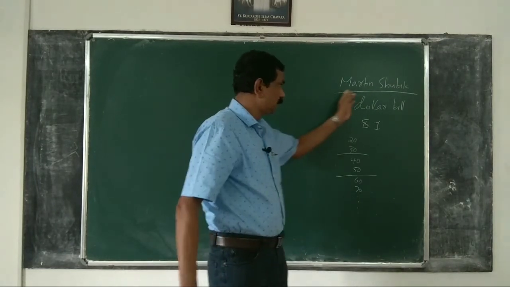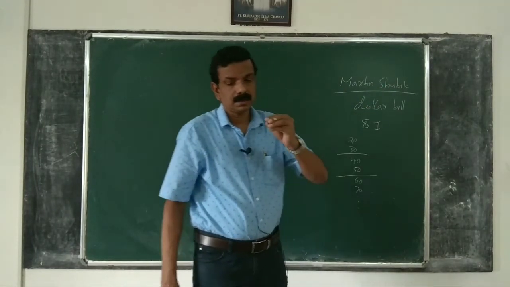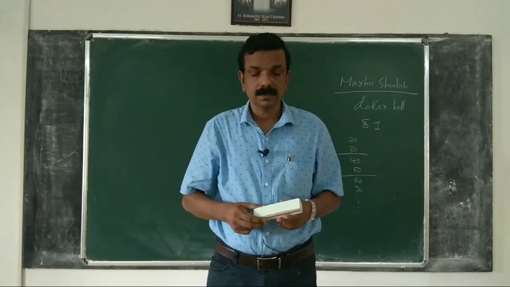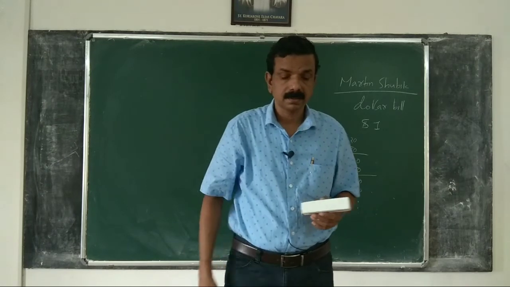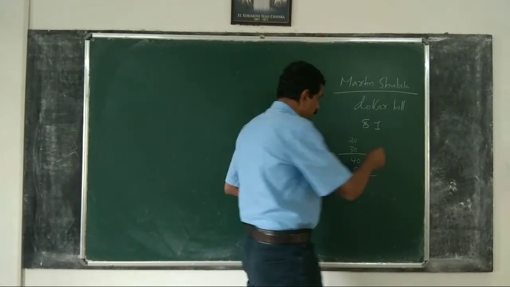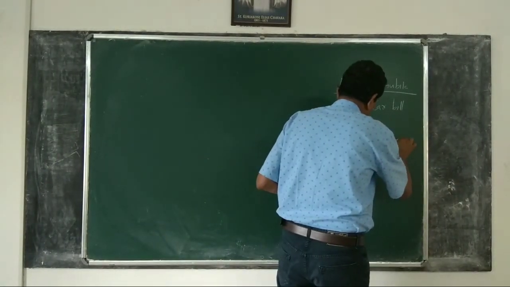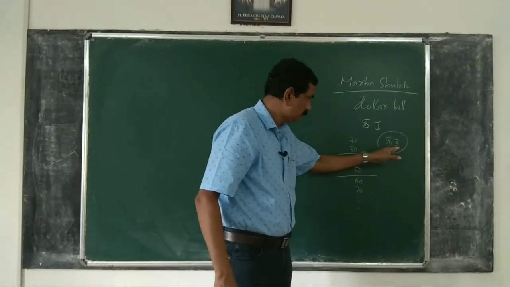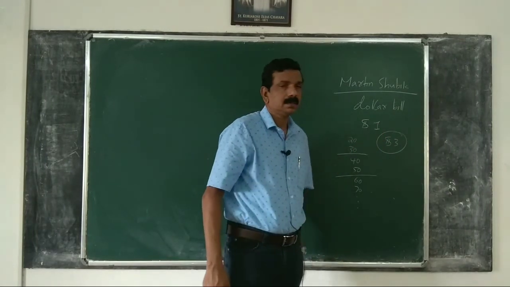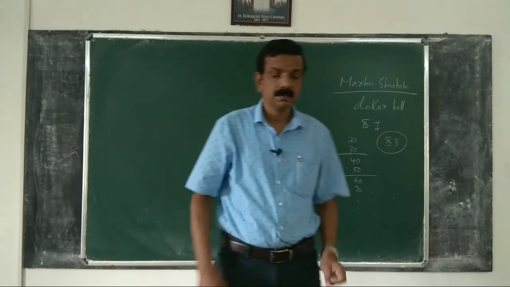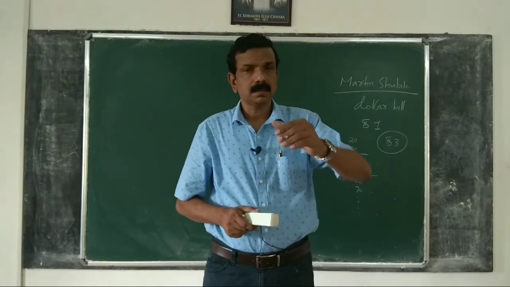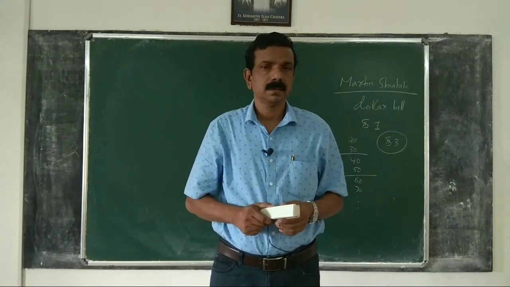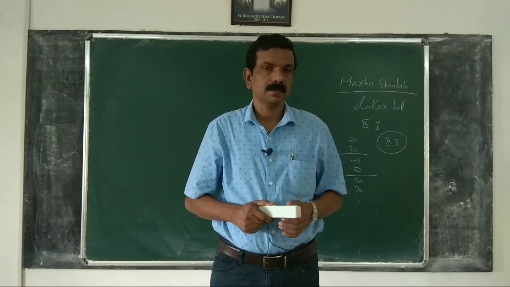When Martin Shubik introduced this game among his students, it was observed that the amount of bid went up to $3. That is $3 to buy a $1 bill. Because if your bidding amount is less than your competitor's, you will lose the entire money.